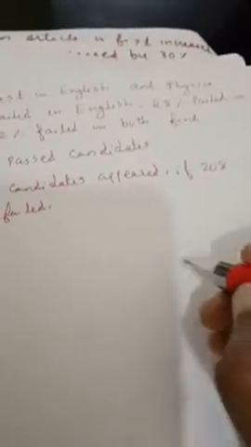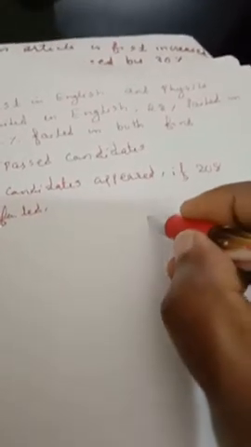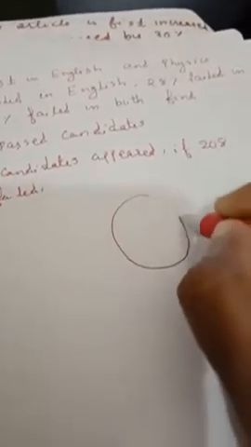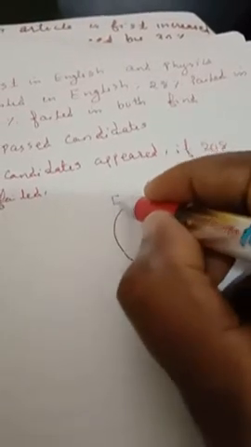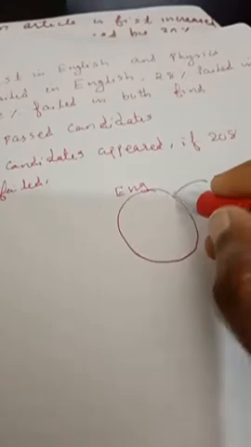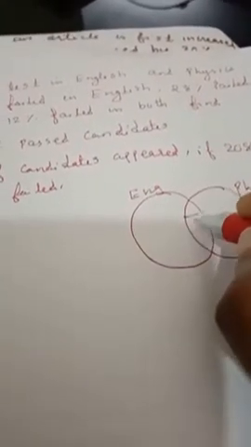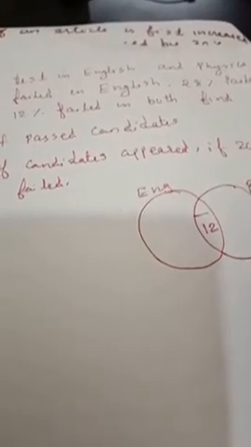Okay, so we can draw a picture, a Venn diagram. This is English and this is, sorry, not maths, physics. See, both in English and physics means this is the common side, so it is 12%. 12% failed both in physics and English.